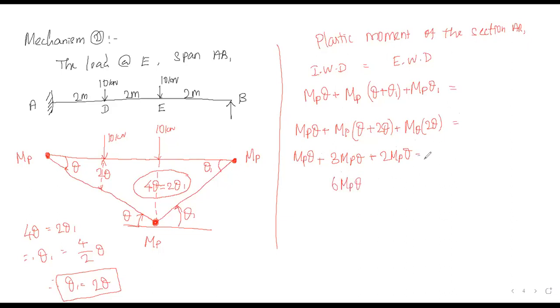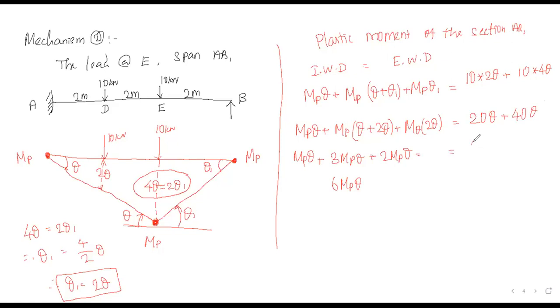Now right hand side, that is external work done because of load. So 10 into 2 theta, this is load under the point D. Next load under point E is 10 into 4 theta. So it becomes 20 theta plus 40 theta.